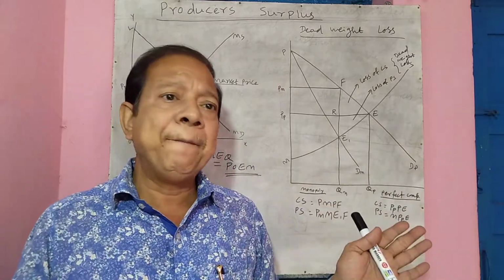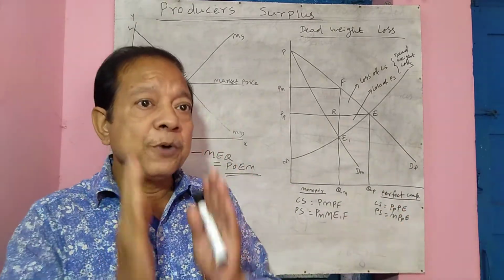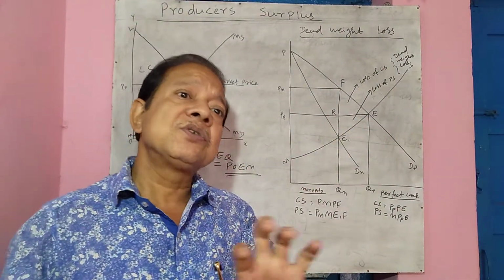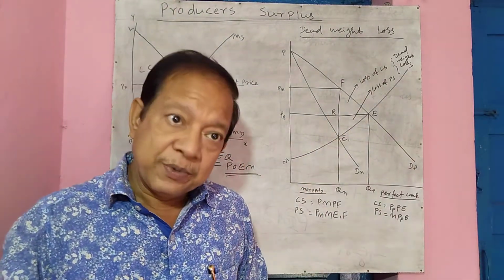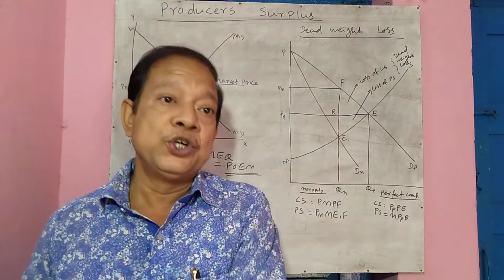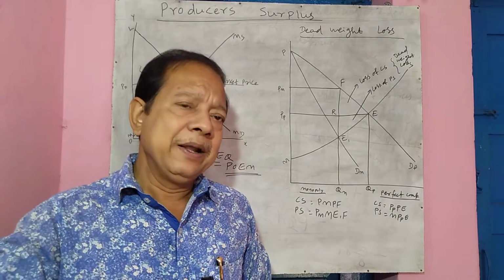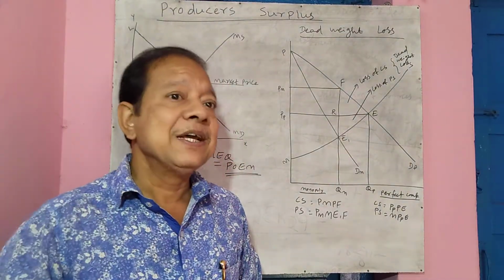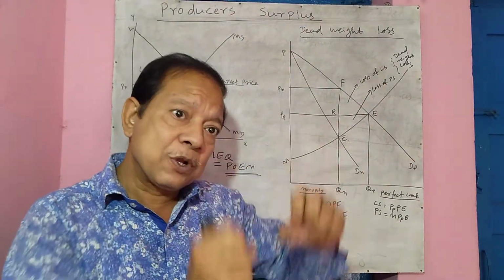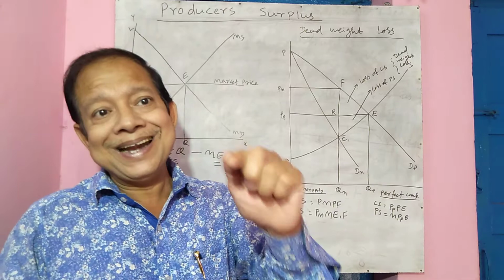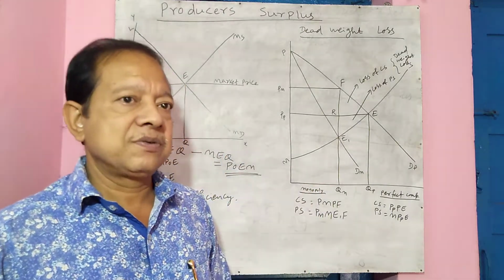Both get the ample surplus. But under monopoly, the producer surplus is increased, but consumer surplus is reduced, and still producer surplus should have been something more extra, but it is less. So this less amount of surplus which both the consumers and producers get, we call this dead weight loss.